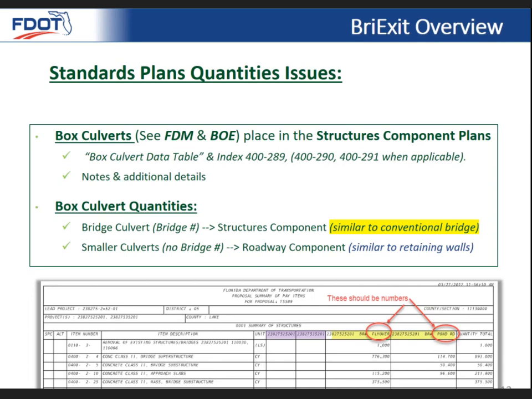This is not really any different from how we handle retaining walls, in that the details are included in the structures plans component, but the quantities are listed under the roadways section, and then the summary of quantities is included in the tables in the roadway component.